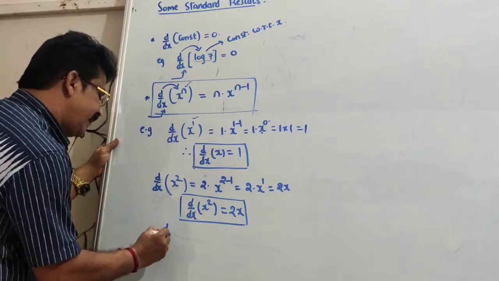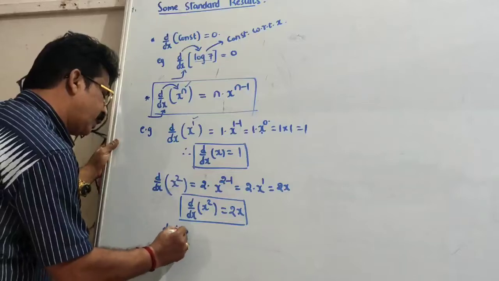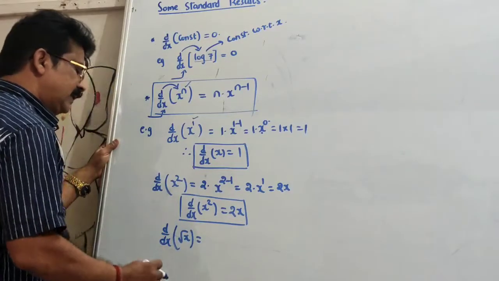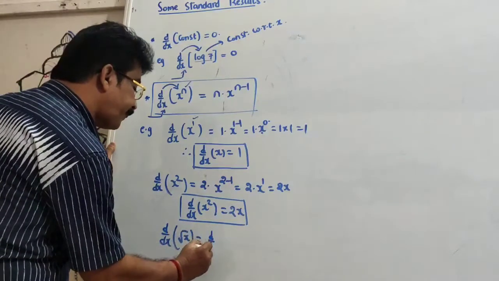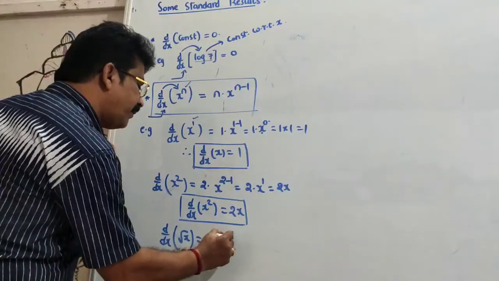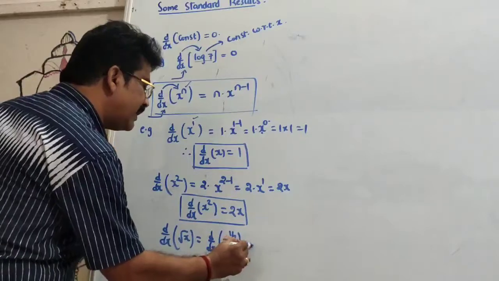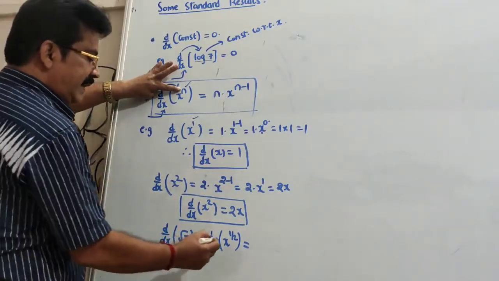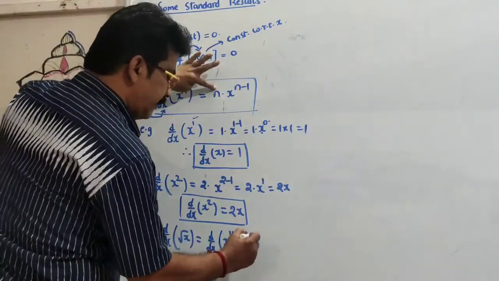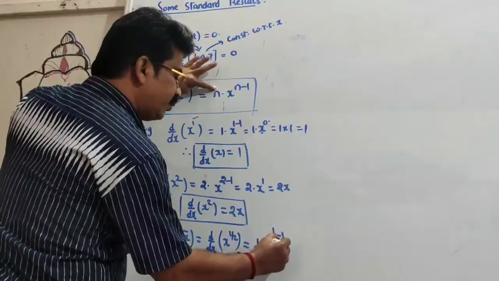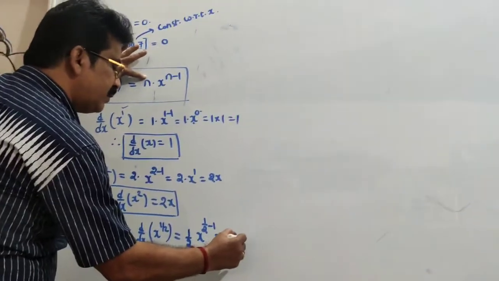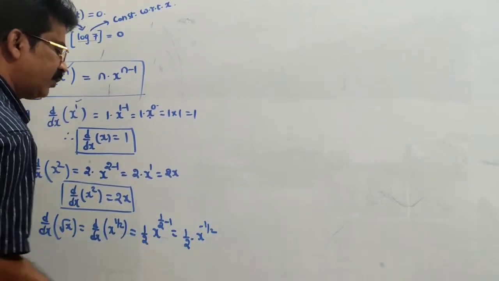Later, d by dx of root x. Root means what? It is nothing but x to the power of 1 by 2, so instead of n, what is there? Half. So half into x to the power of half minus 1, so half into x to the power of minus 1 by 2.